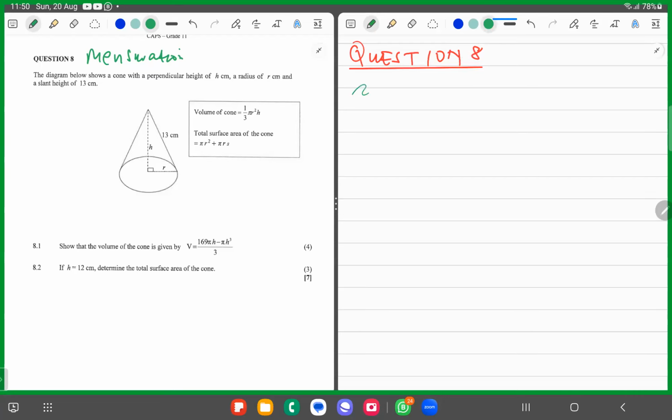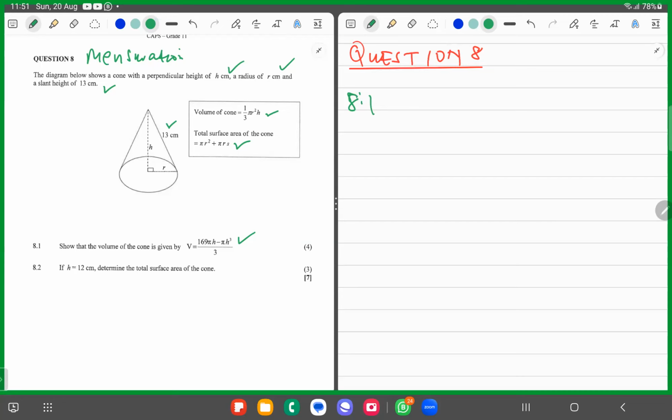If you look at 8.1, the diagram below shows a cone with a perpendicular height h and a radius r centimeters and a slant height of 13. Here's the slant height. The volume of a cone is 1/3 pi r squared h. The total surface area of the cone is pi r squared plus pi r s. Show that the volume of the cone is given by this. So we just need to find the volume of the cone.